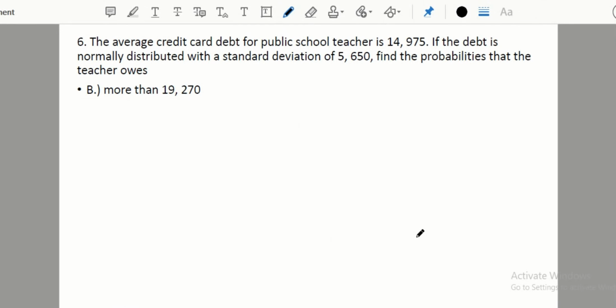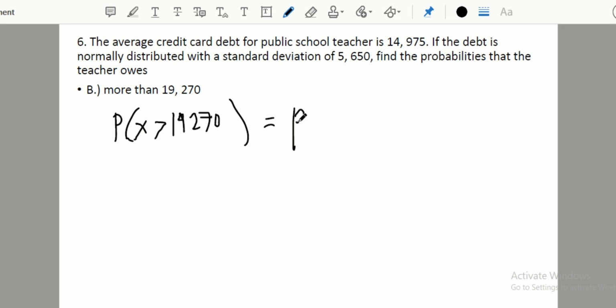And last, find the probability that the teacher owes more than 19,270. So again, this is more than, so the same with the previous example. More than is greater than 19,270.